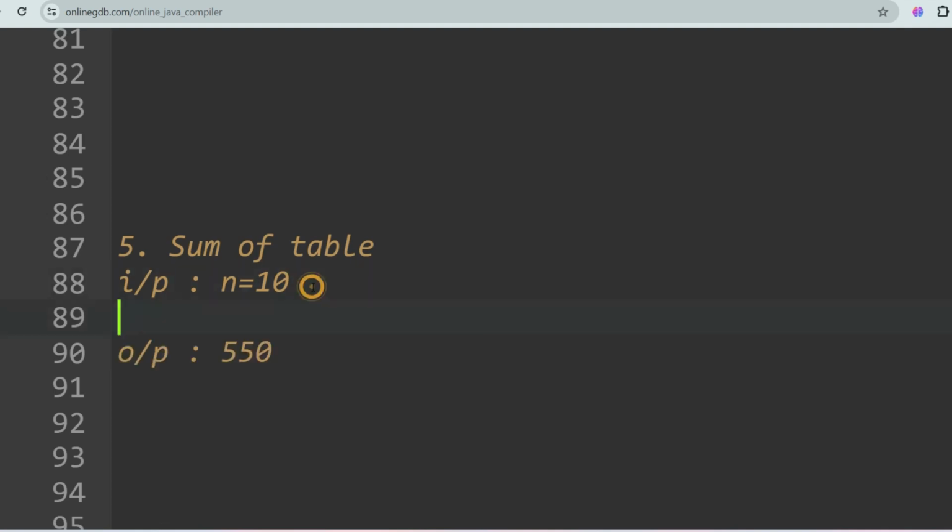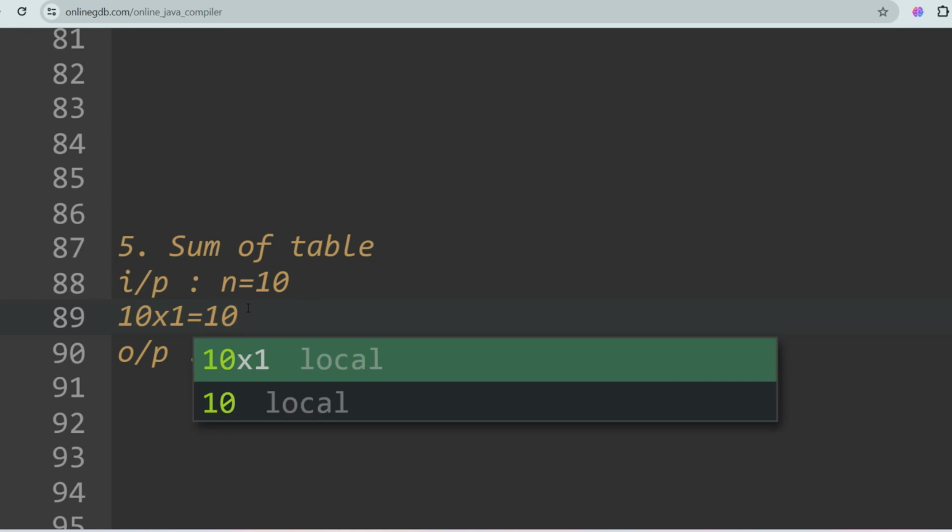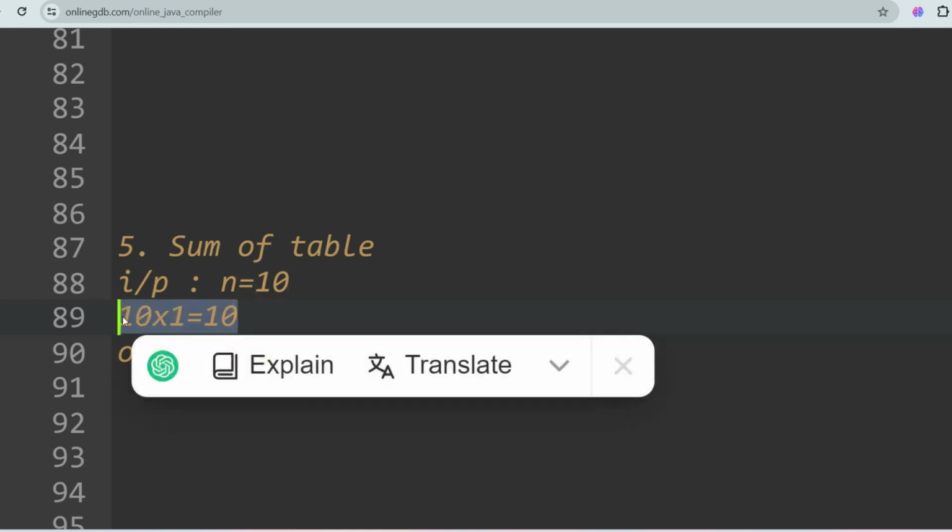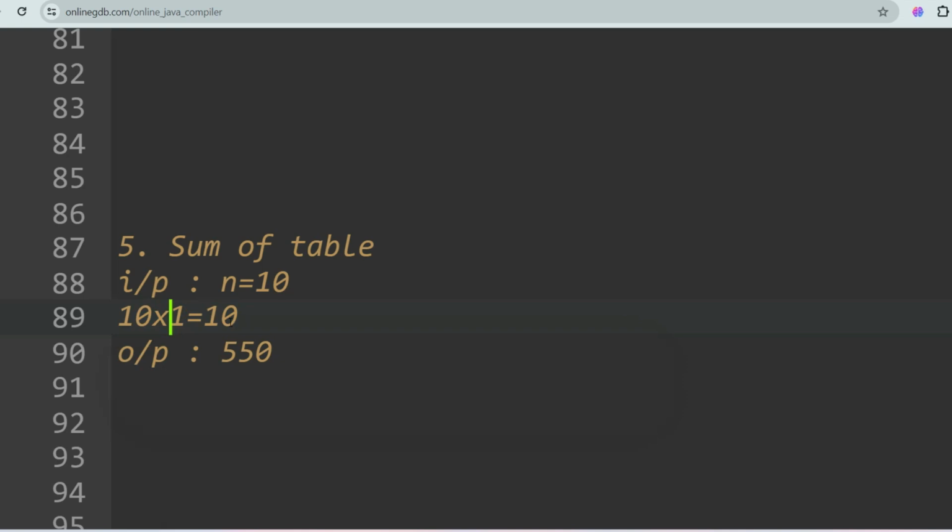At first you have to get the multiplication table values: 10 multiplied by 1 is 10, 10 multiplied by 2 is 20, 30, 40, 50, 60, 70, 80, 90, and 100. If you add those, 10 plus 20 plus 30 plus 40 plus 50 plus 60 plus 70 plus 80 plus 90 plus 100, then you will get the output 550.